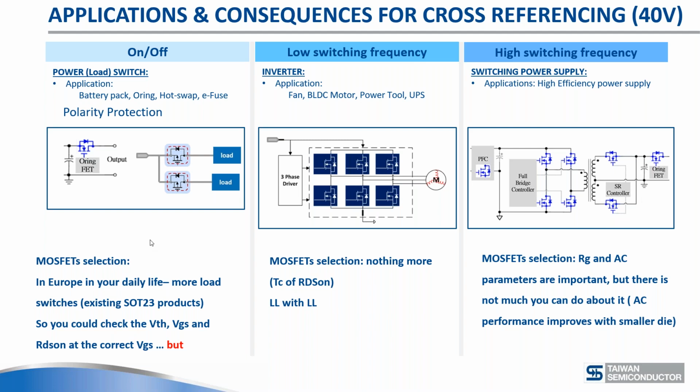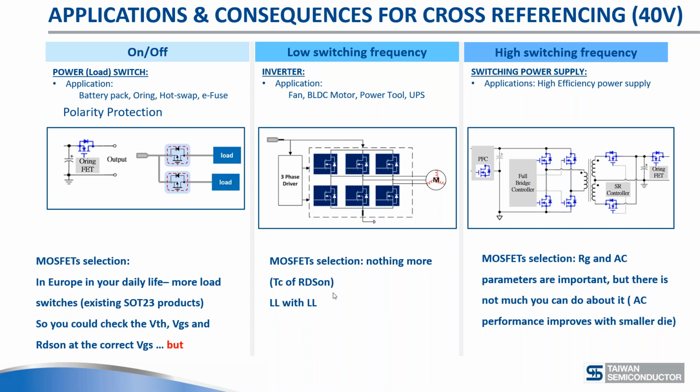That is not the case in the polarity protection in automotive here. You have to follow all the standard cross referencing rules here. If you look at the automotive or the motor control here, where your load is a motor, you follow the cross-referencing rules, but you want to make sure that you cross-reference logic level with logic level here, just to avoid any problems later on.